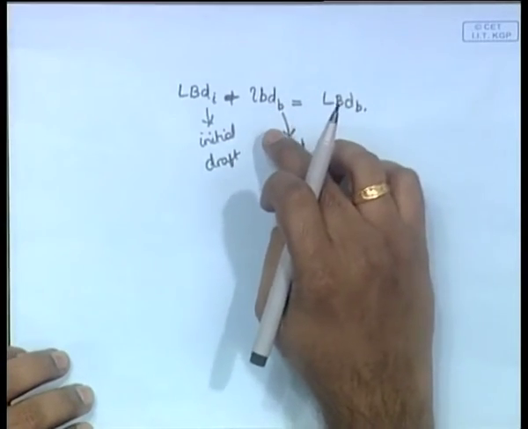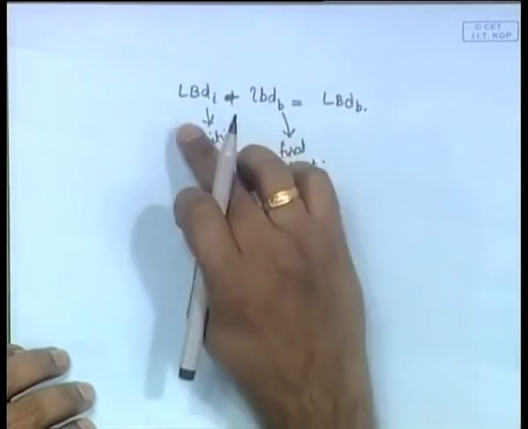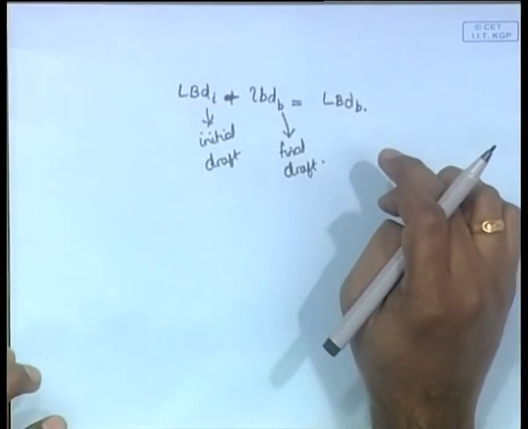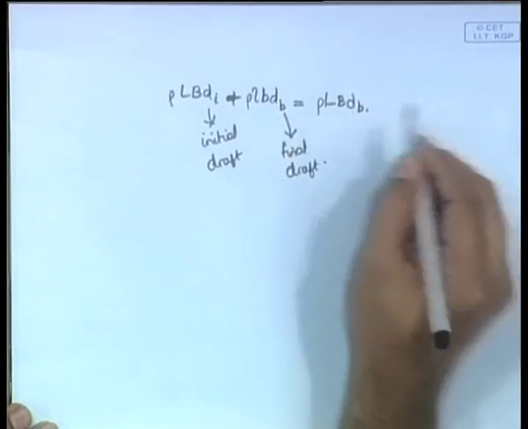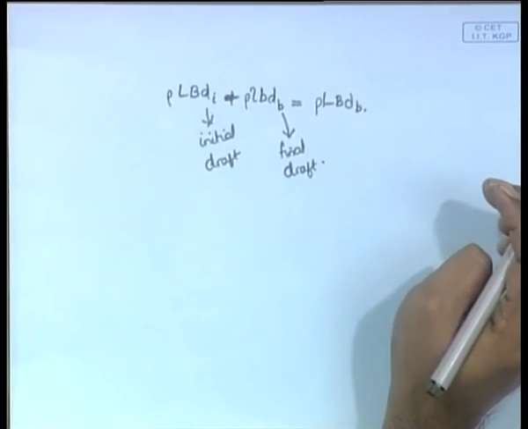So here what this formula says is that L B di will give you the initial volume underwater in the ship. Multiplied with the density of water, it will give you the weight of the ship, using the Archimedes principle. So L B di into rho gives the initial weight of the ship. I am just removing rho from this completely, because it is easier to think of weight than volume. Initial weight of the ship is this.